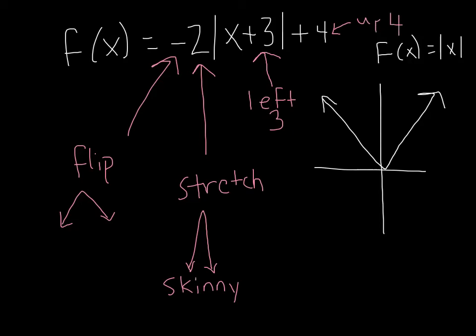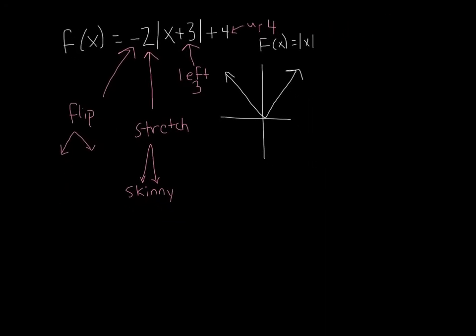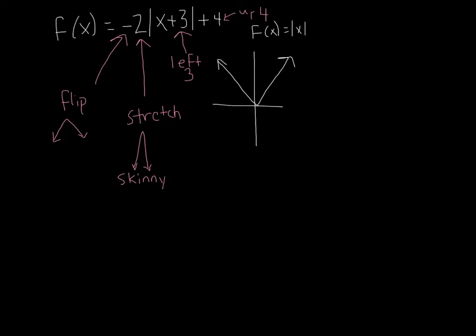So let's scoot this down a little bit so we can keep it on the screen. Okay, here we go. Oops. Let's erase that and make it white. Okay. So the vertex on an untransformed graph was right here.